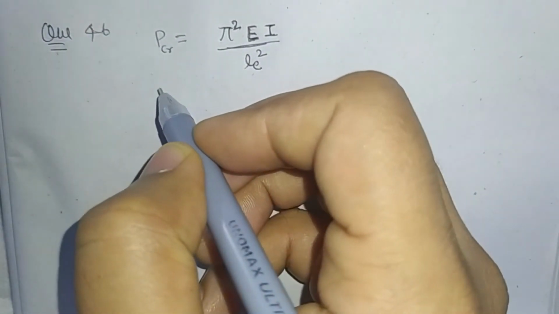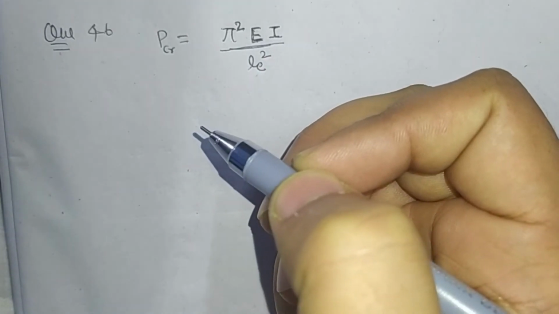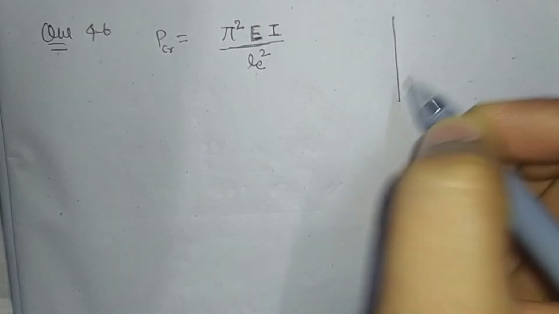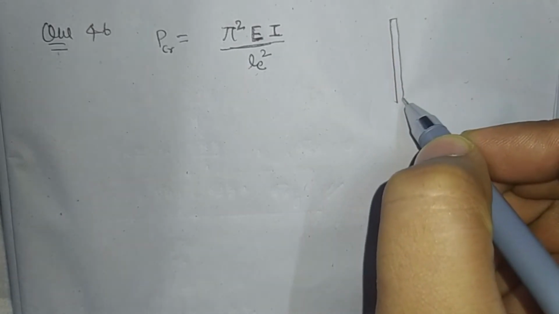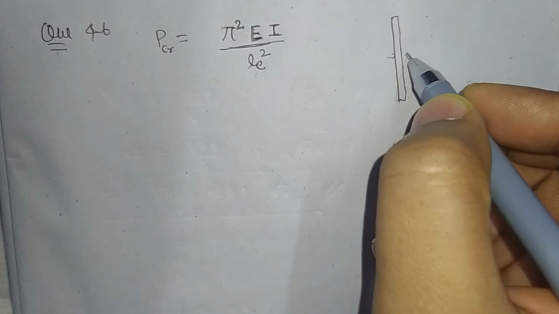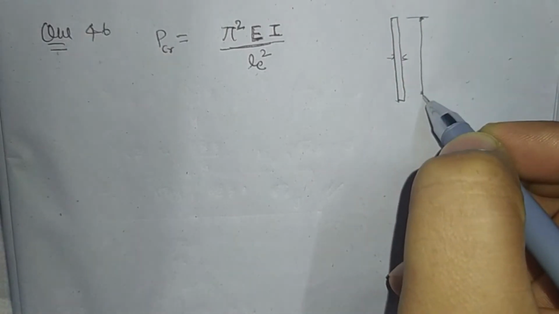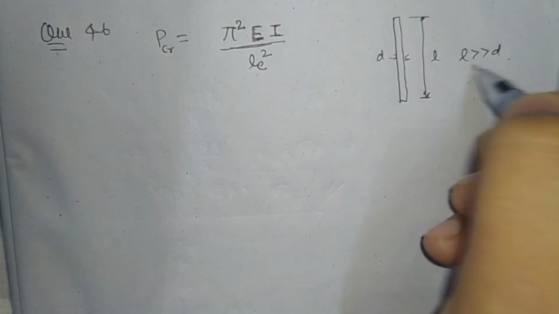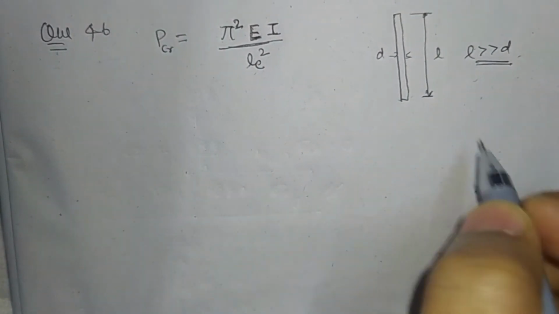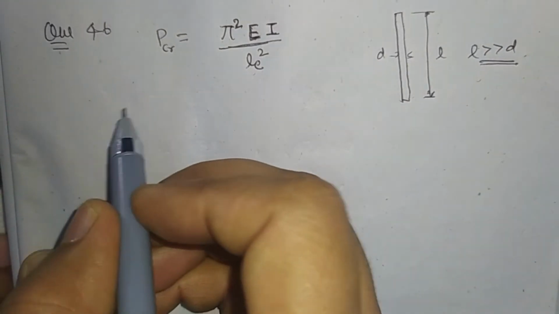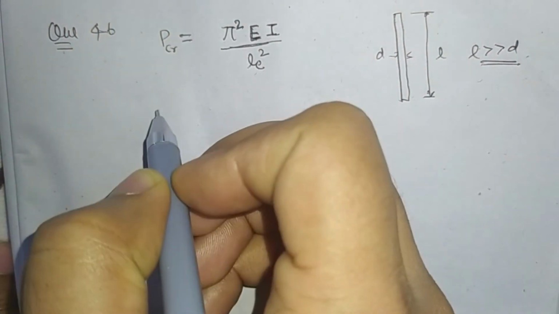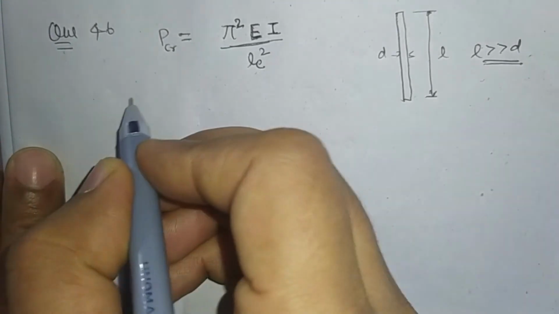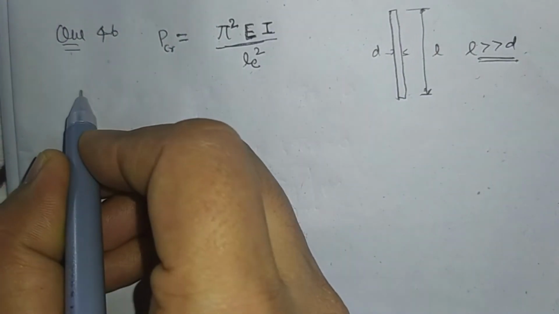This formula is applicable for the slender column, in which one dimension, the longitudinal one, is very large compared to the other two dimensions. If L is much more than D, such columns are known as slender columns. So this Euler buckling formula is applicable for the slender column.